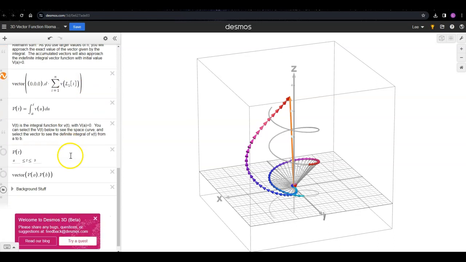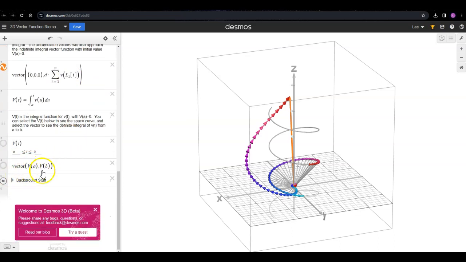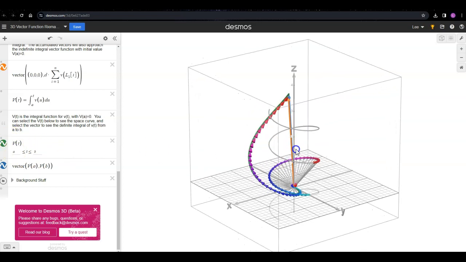The final vector, this V(b) minus V(a), if I actually took an integral, so this big V is defined as my antiderivative here. That would be this blue vector, and this V(t), big V(t), is my antiderivative, which I can think of as my integral function.